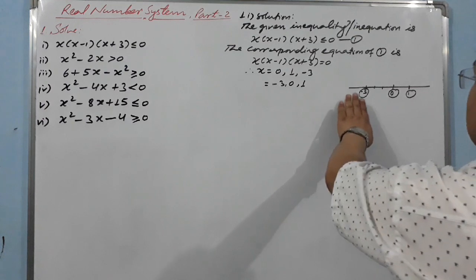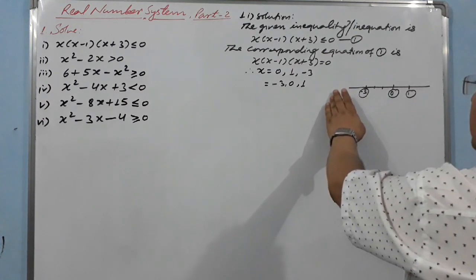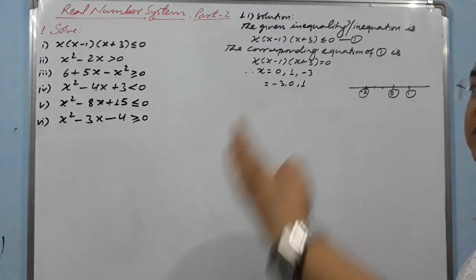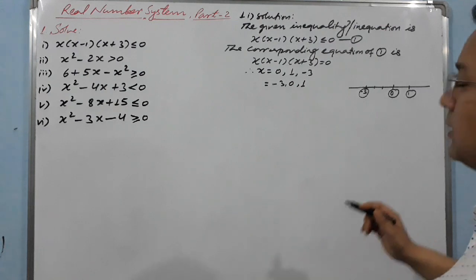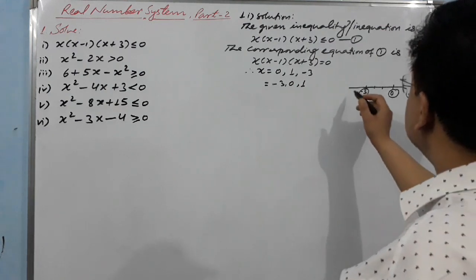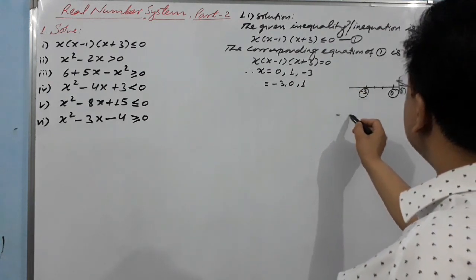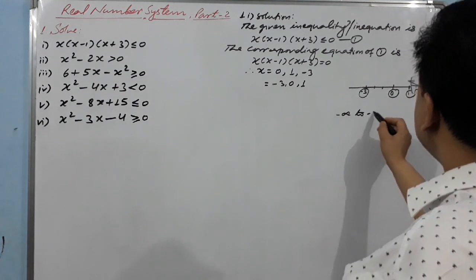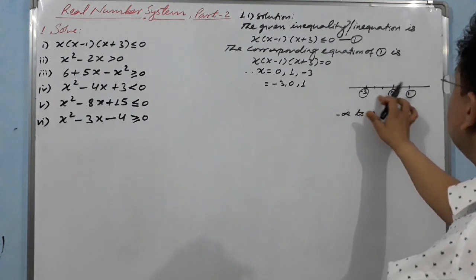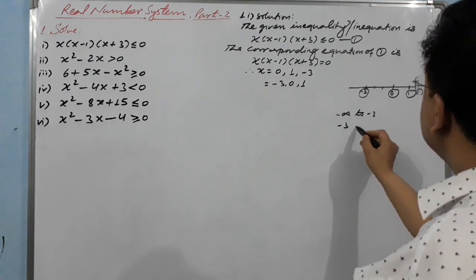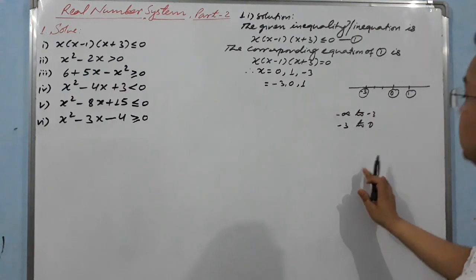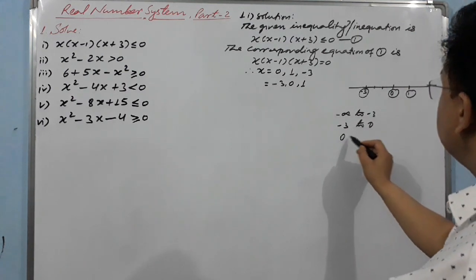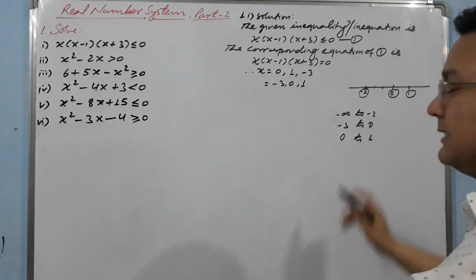Here, minus 3. What is the left extreme point? Minus infinity, we suppose. So one interval is minus infinity to minus 3. Another is between minus 3 to 0. Then next, 0 to 1, in ascending order.